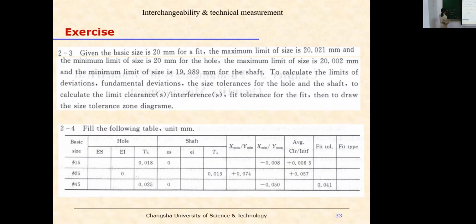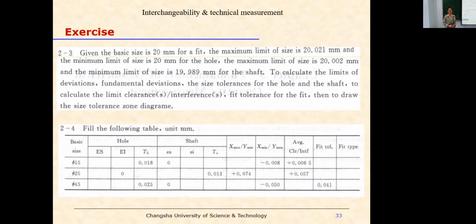Interference. So this is the minimum; the maximum we can also describe with ES minus EI, because this is D plus ES, and this is D minus EI. D is the base size, they are the same.